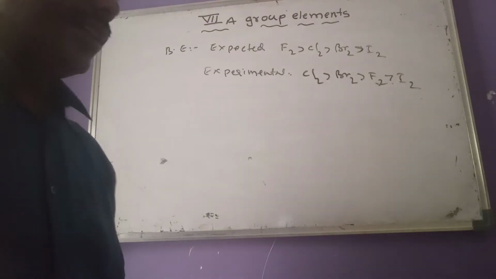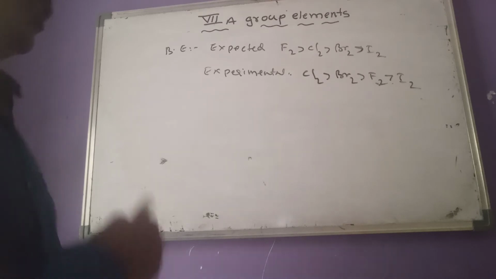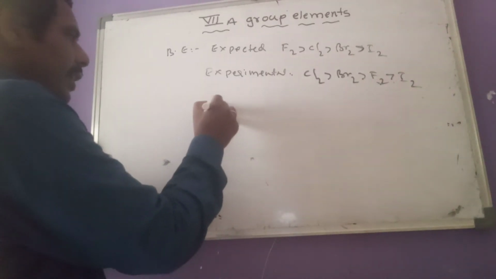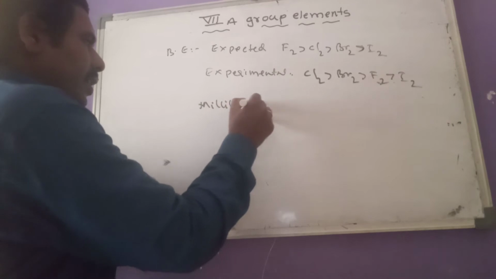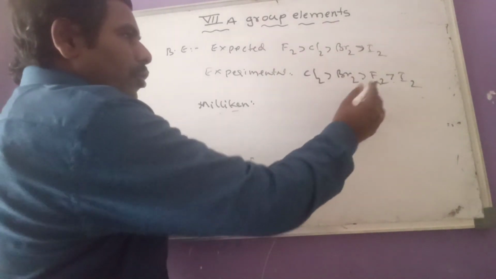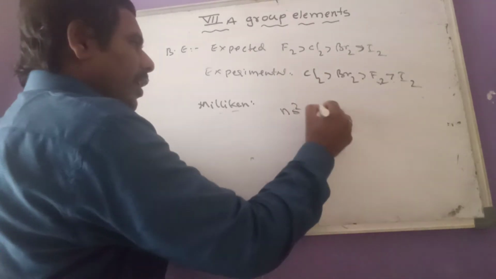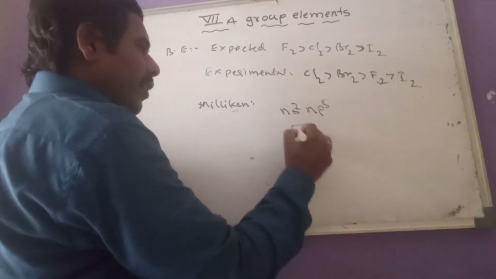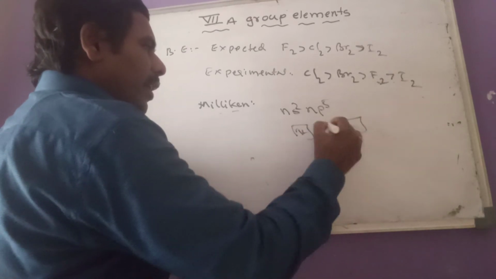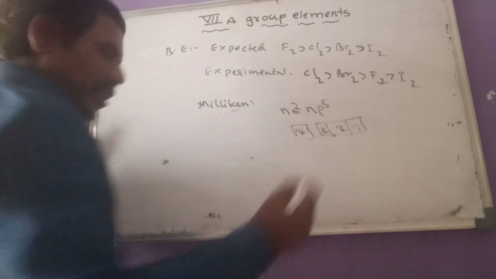In that, the first explanation was given by Mulliken. What is that Mulliken explanation? According to Mulliken, it is due to the absence of vacant d orbitals. If you consider the ns2np5 configuration, only one unpaired electron is present.